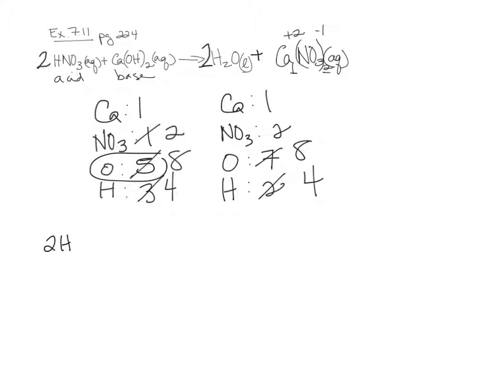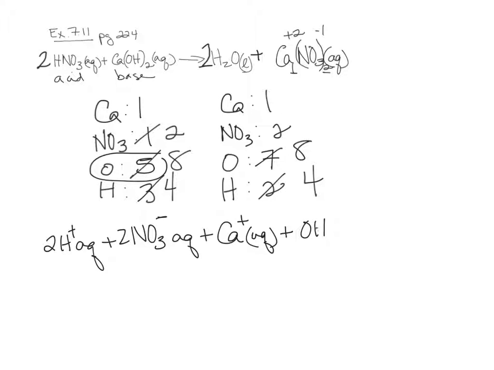So that's going to be 2H+ aqueous, plus 2NO3- aqueous, which are my negatives, plus Ca2+ aqueous, the positive ion from the calcium hydroxide, plus my negative hydroxide ions, and that's going to create my 2H2O, which stay together.